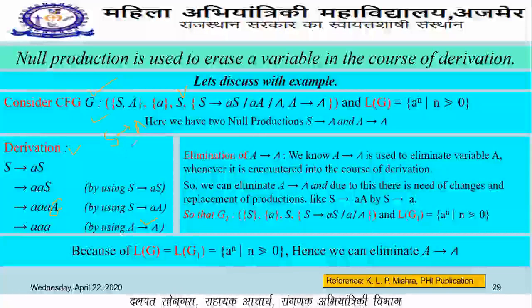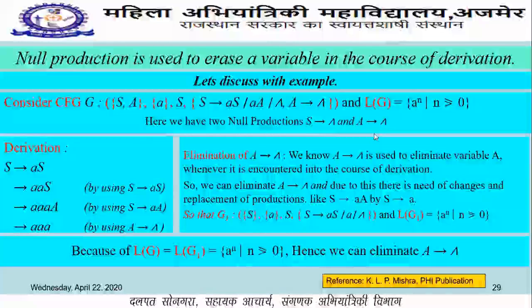So this may be useful, but it can also be handled by using one additional production, which we see in our next slide. Therefore, whenever null productions are available in a context-free grammar, then by using some procedure we eliminate those null productions and make the grammar simplified or reduced.